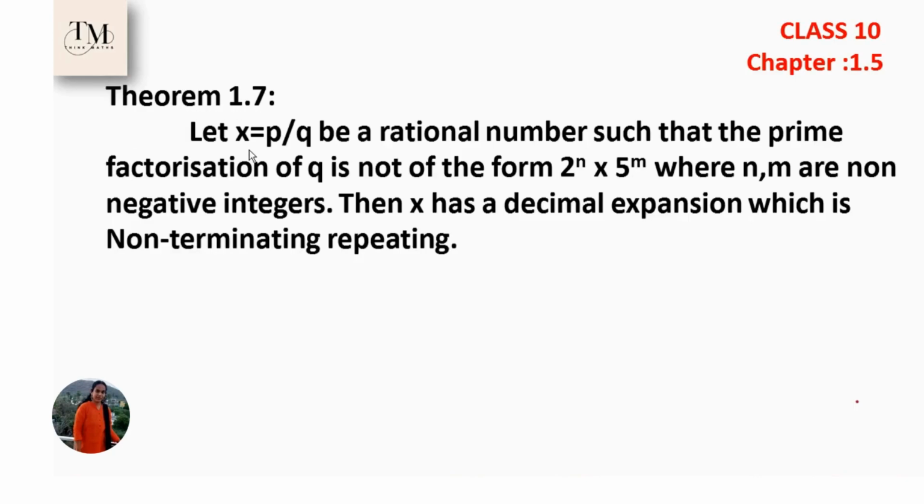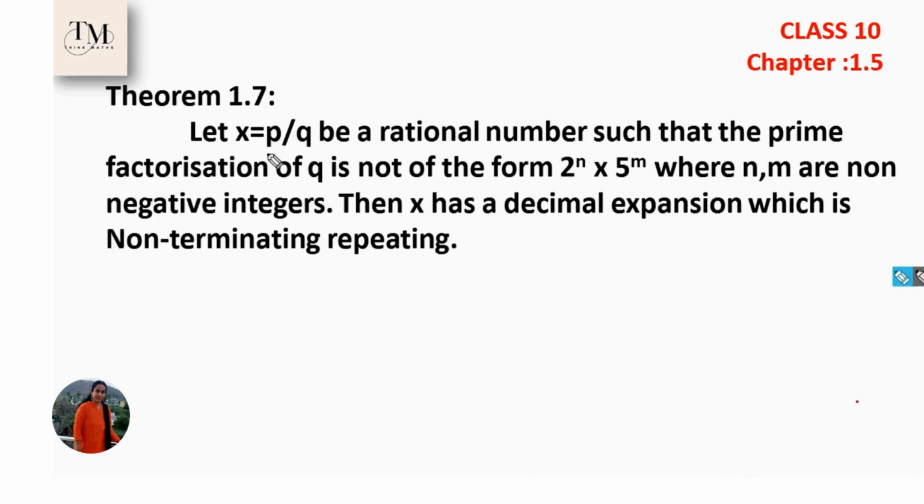Theorem 1.7: let x is equal to p by q be a rational number such that the prime factorization of q is not of the form 2 power n into 5 power m, where n, m are non-negative integers. Then x has a decimal expansion which is non-terminating repeating.